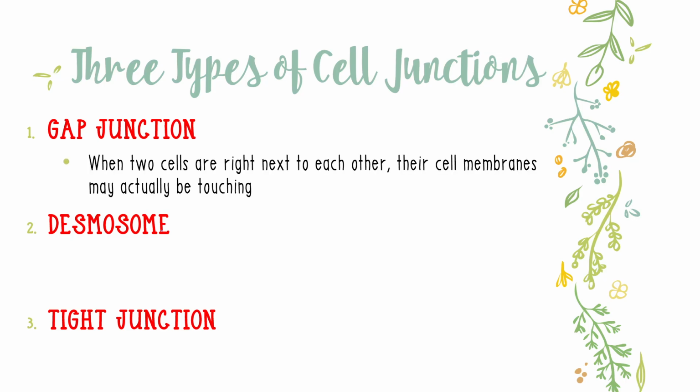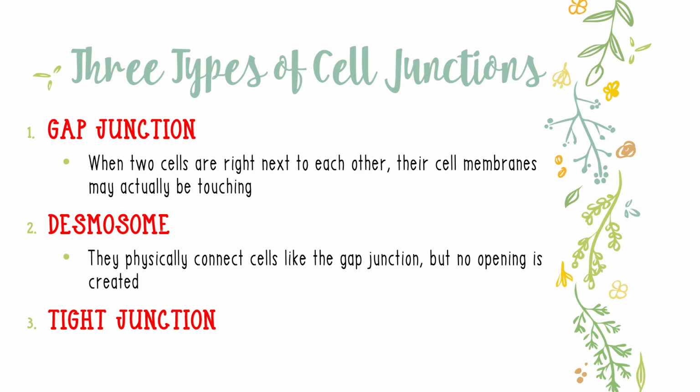For gap junctions, these are when two cells are right next to each other, their cell membranes may actually be touching. Desmosomes physically connect cells like the gap junction, but no opening is created. For your tight junction, it happens when two membranes actually bond into one.